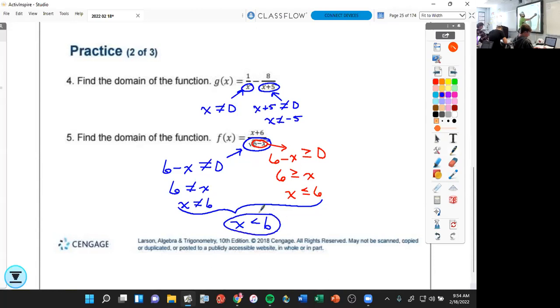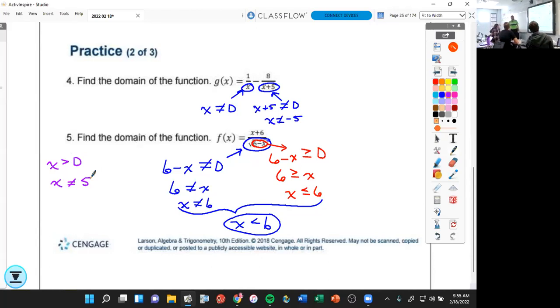Okay. A problem I might get some numbers wrong here. A problem I was working on with Matthew earlier said something along the lines of x is greater than 0. X can't be 5. How do you make that happy? Can it be 6?